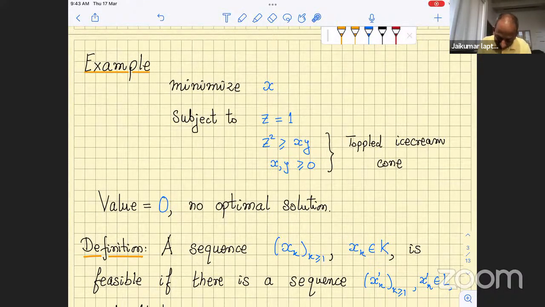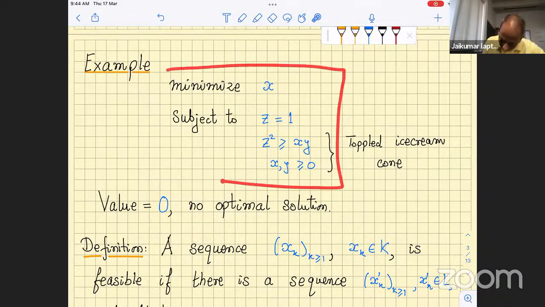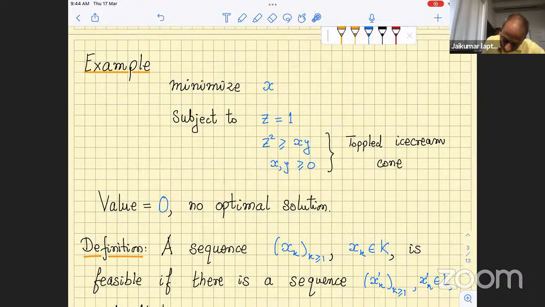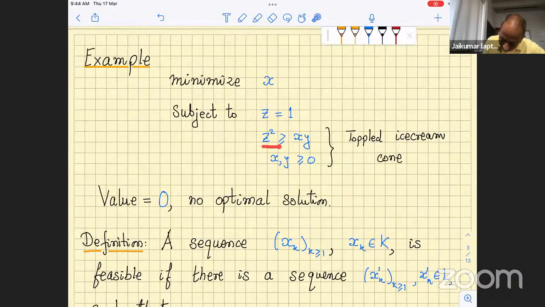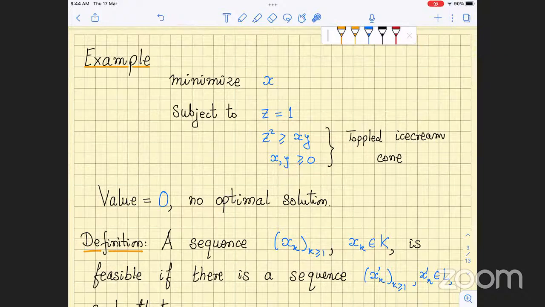I'm going to claim that this is a cone program. So let us see in what way this is a cone program. But let us first ask what is the program. We are trying to minimize the quantity x subject to z equals 1 and z squared greater than xy. So Kavita, last time you told them about the toppled ice cream cone. Yes. That was the last thing we did.